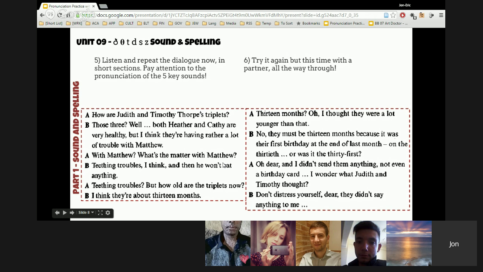13 months? Months? Oh, I thought they were a lot younger than that. No, they must be 13 months because it was their first birthday at the end of last month on the 30th, or was it the 31st?